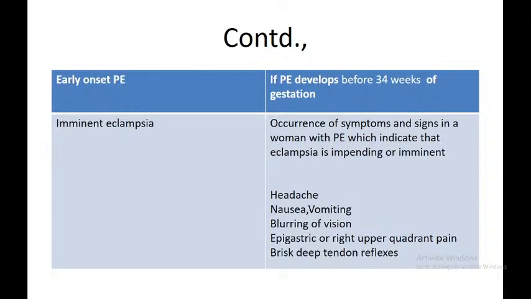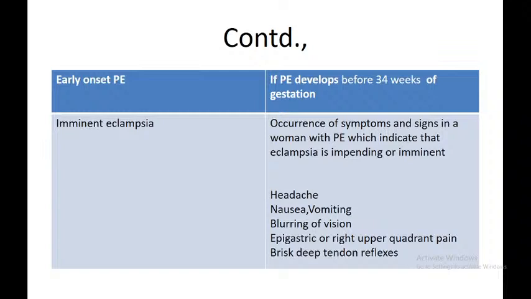And then we need to even know 2 other entities. One is early onset pre-eclampsia. So if your pre-eclampsia develops before 34 weeks of gestation, we call it early onset. So usually this pre-eclampsia tends to occur towards late second trimester or in the third trimester. So if the onset is before 34 weeks, we call it an early onset pre-eclampsia.